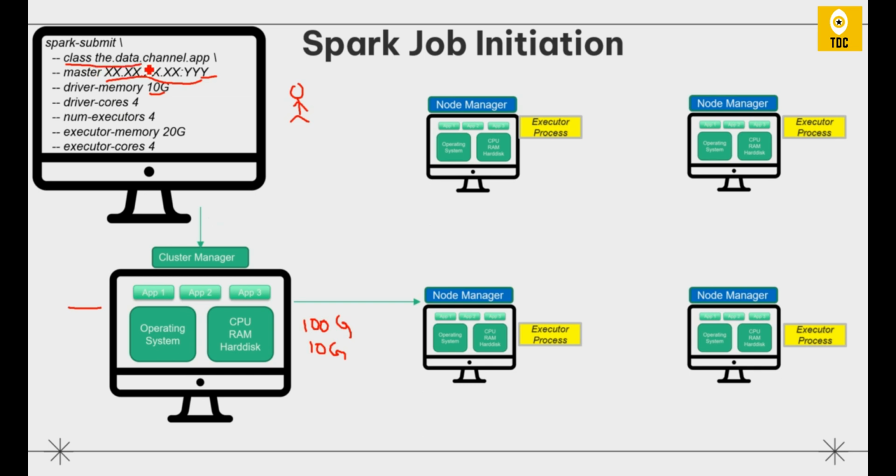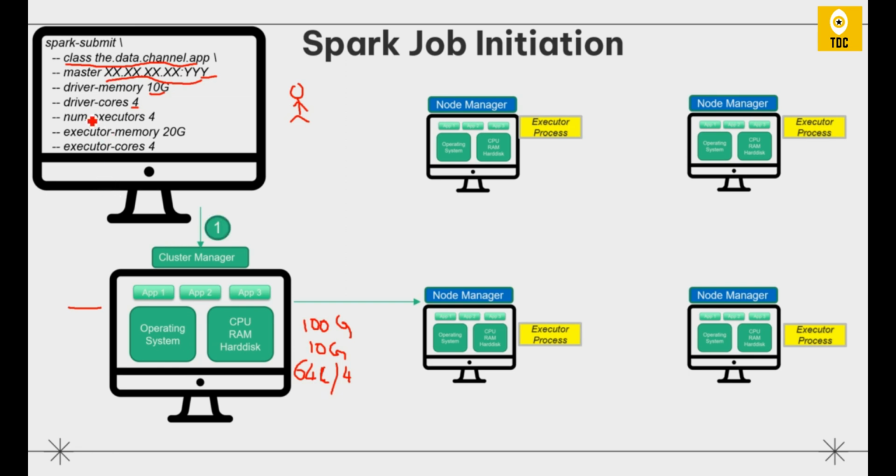This app can be anything, like reading a file, counting the number of words, or whatever. For that job you are giving 10 gigs, and the driver cores is 4, because this master node might have 64 cores, and you want to use only 4 cores out of 64 for this particular execution.